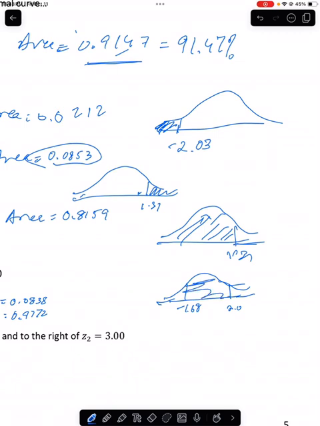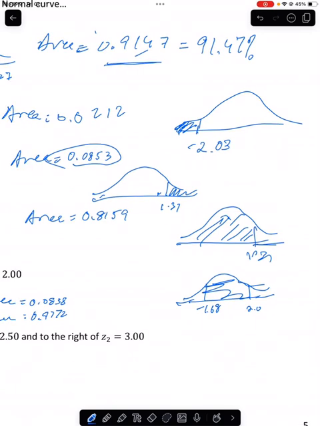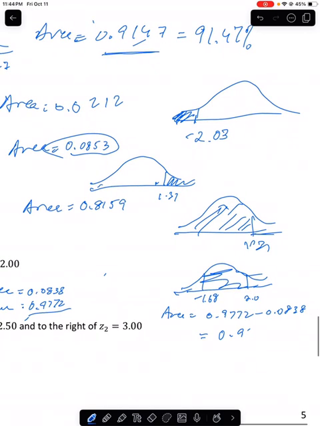So our area will be equal to 0.9772 minus 0.0838. Now take a calculator and find out the area. I believe it is 0.9307. Does that make sense? Okay, now remember this should never be negative.